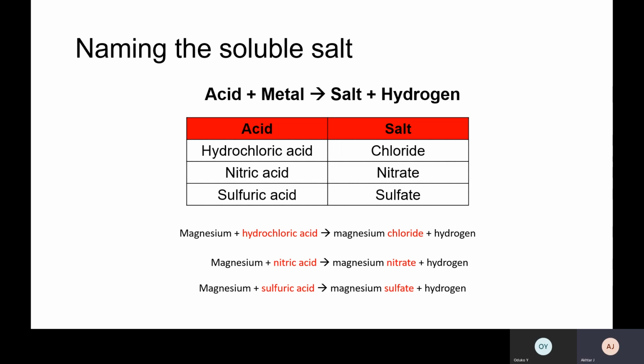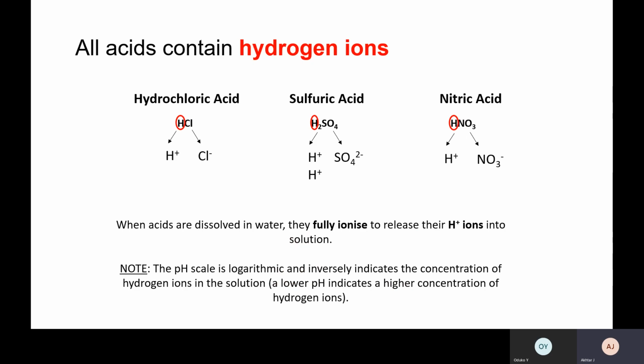And remember, you need to know the formula of the acids, and you need to know the ion formulas of each salt. So chloride, Cl minus, nitrate, NO3 minus, and sulfate, SO4 2 minus, which we have covered before. Right, now the reason we referred back to our reactivity series is that all acids contain hydrogen ions.